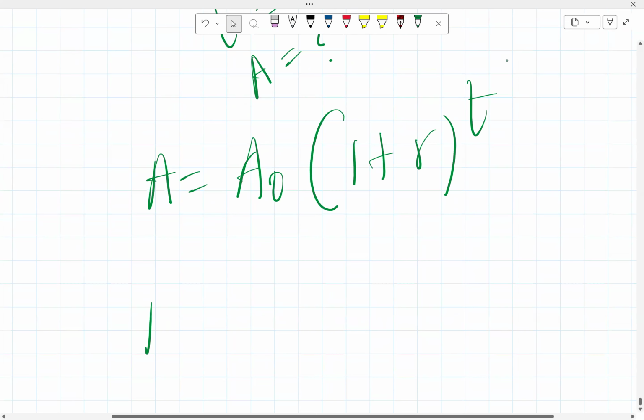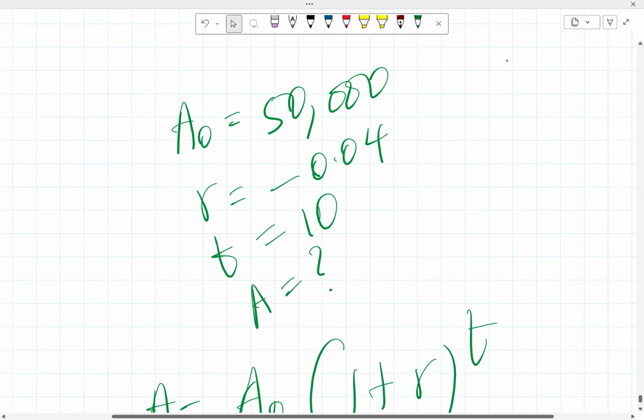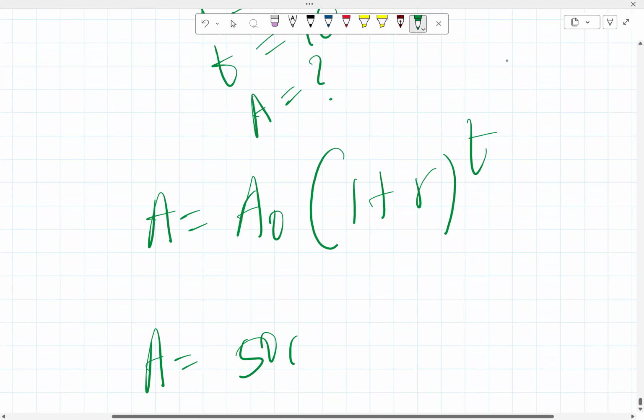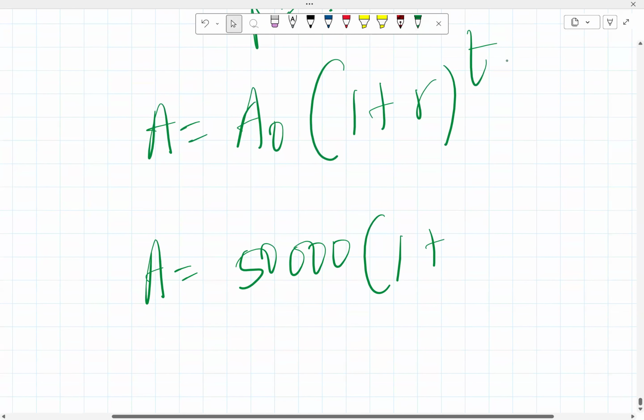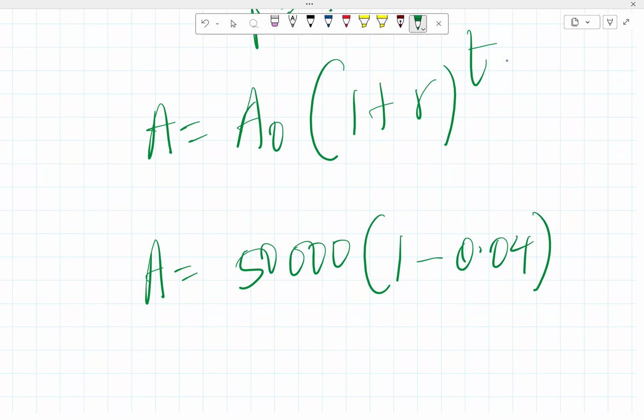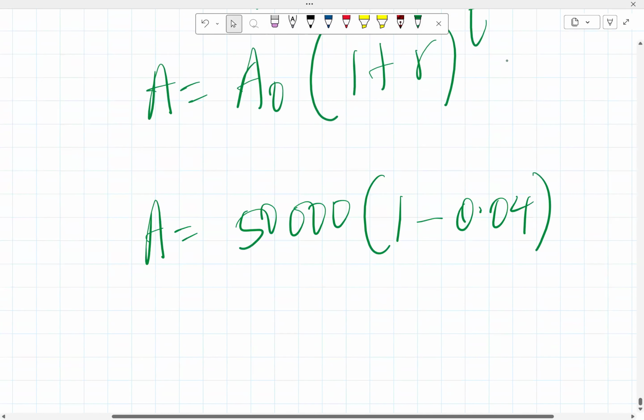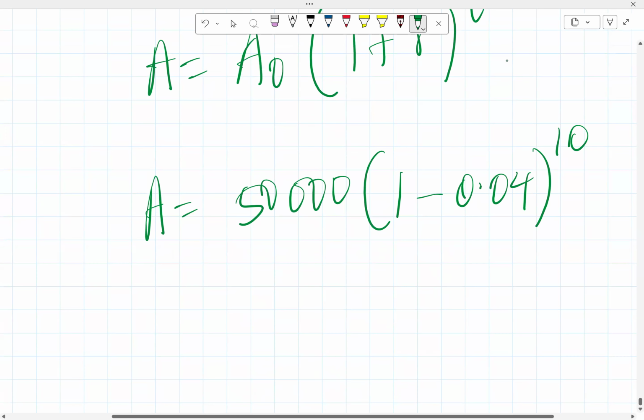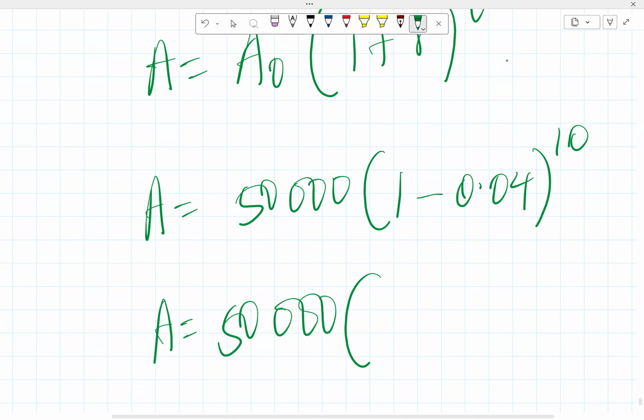That means we have A equals 50,000 into 1 plus the rate, which is minus 0.04, and then the time is 10. So we have A now to be 50,000 into 1 minus 0.04, which should be 0.96, raised to power 10 now.